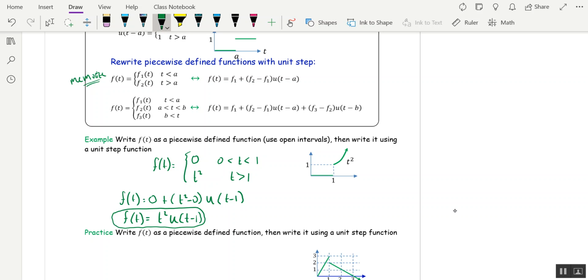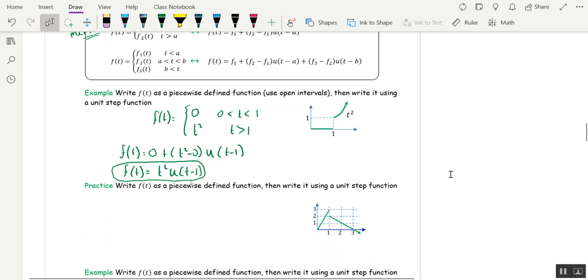If t is less than 1, u is 0, and so the function's 0. And then as soon as t gets to 1, this acts like an on switch. u of t minus 1 is 1, and so f of t is t squared. So maybe you should pause the video and try this one on your own, and then unpause it, and I'll do it with you.